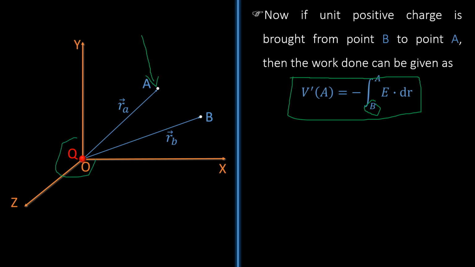But as you are bringing from B, unit positive charge is brought from B to A, it is called potential of A, potential of point A with respect to B point, and hence this is called relative potential.